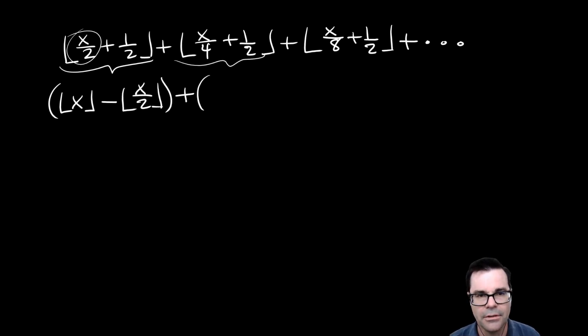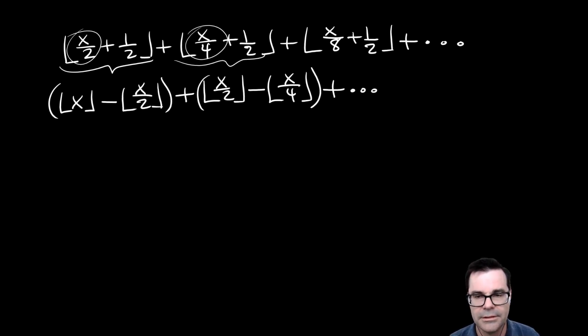And then for our next term, it's x over 4. So twice x over 4 is going to be x over 2. And then minus floor of x over 4, plus ... And then let's say that we go up to the nth term here. So what would the nth term be?